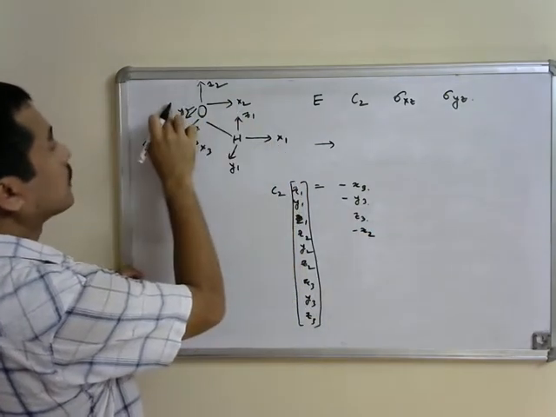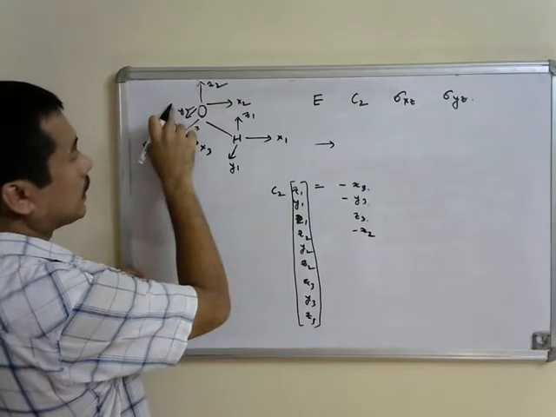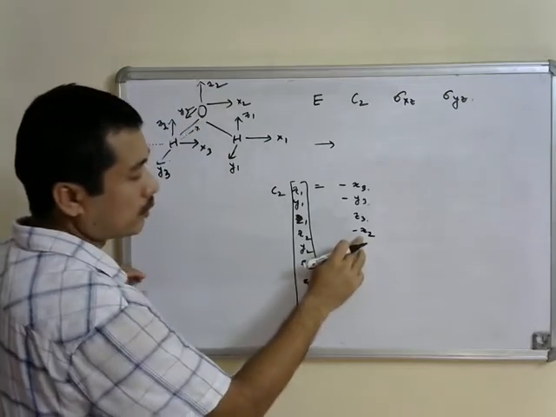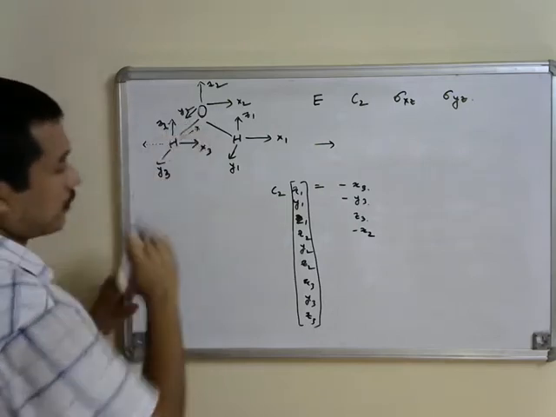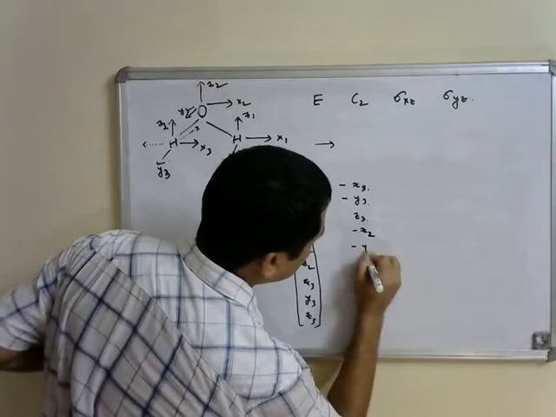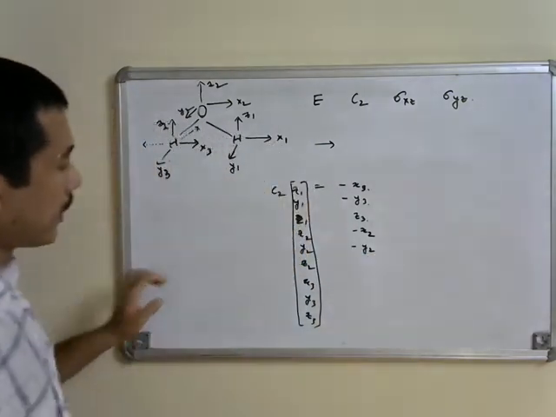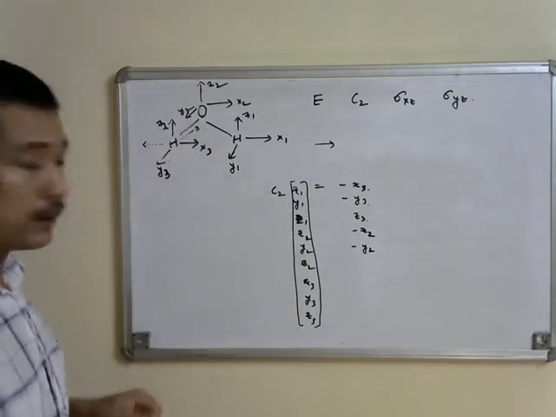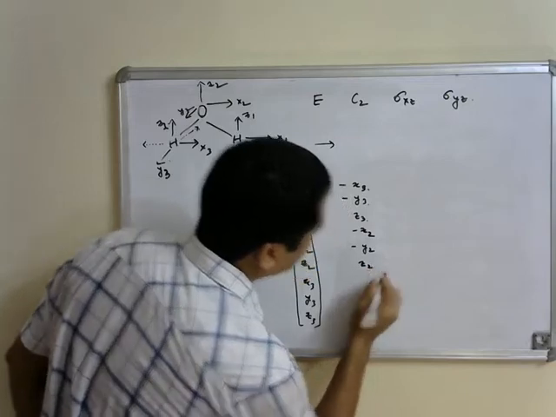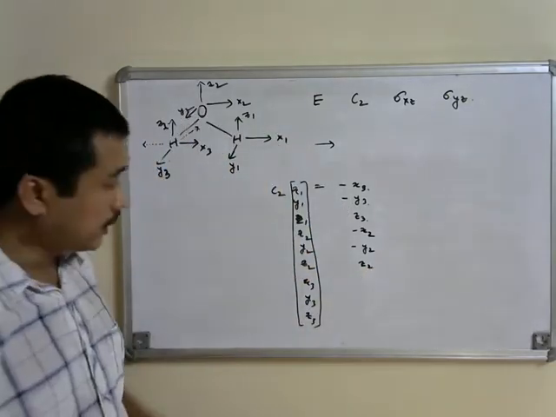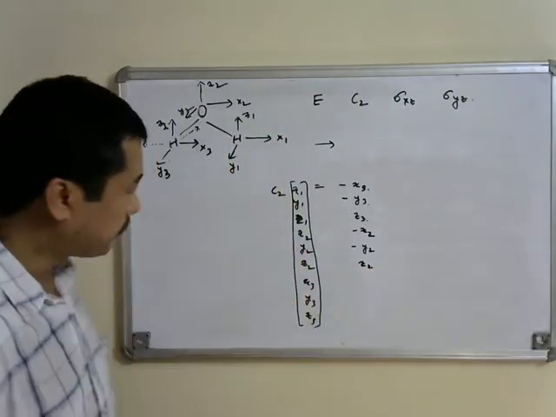X2 will come to this side, so its direction has changed, and it is now minus X2. X2 goes to minus X2. Similarly, Y2 also goes to minus Y2, and Z2, when we do the C2 operation, remains Z2. Its direction also does not change, the direction remains the same.